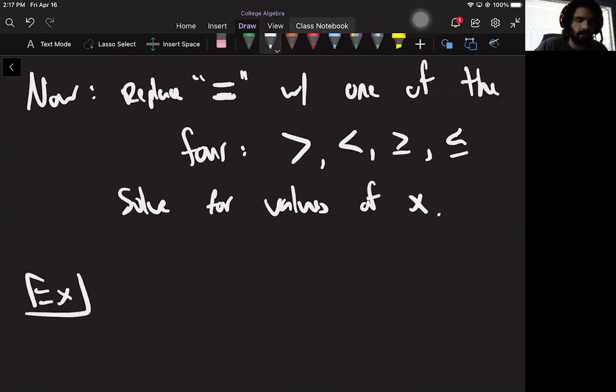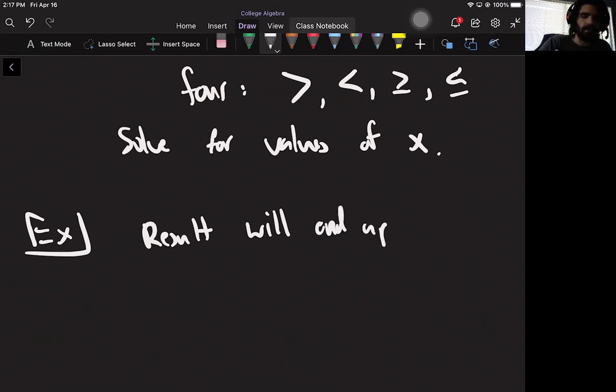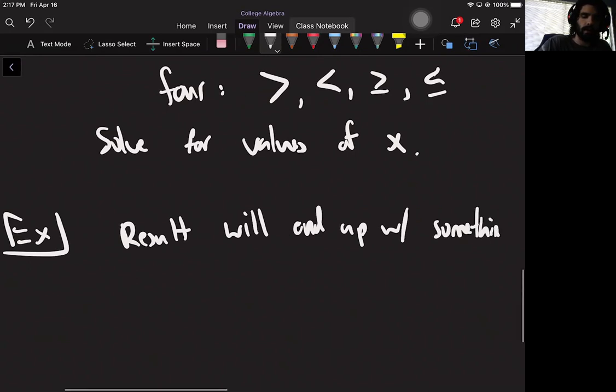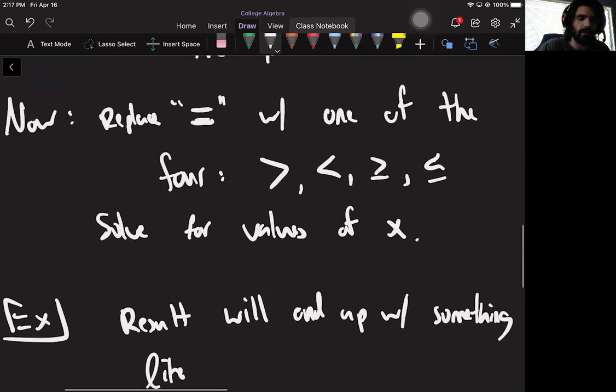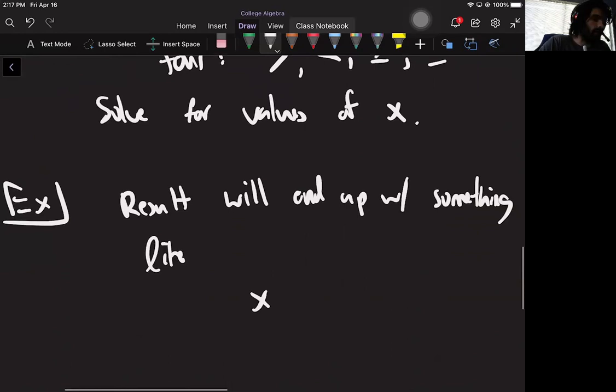So first, what we're going to do is figure out how to interpret what you'll get at the end. So your result, when you solve an inequality, it'll end up with something like this. Something like, instead of saying x equals -3, you'll end up with something like x is bigger than or equal to -3, some number.